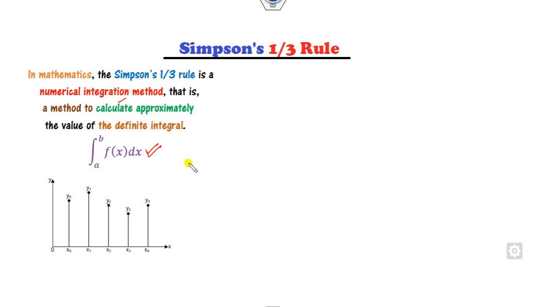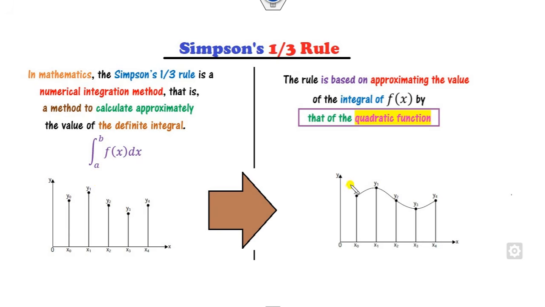What is this method? We can join these nodes by using quadratic curves. Remember, if we join these points by straight lines, then the method is called the trapezoidal rule, which we discussed in our last lecture.